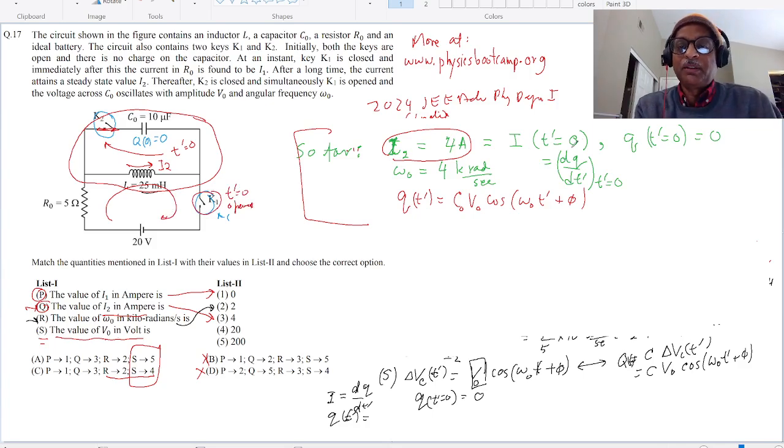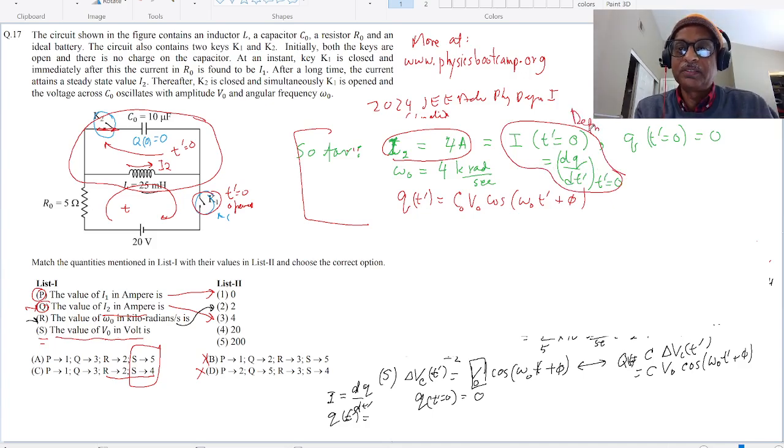So using t prime, and we had used t for this and t prime for that for the time. So these were the quantities, and by definition the current and charge will be related like that.